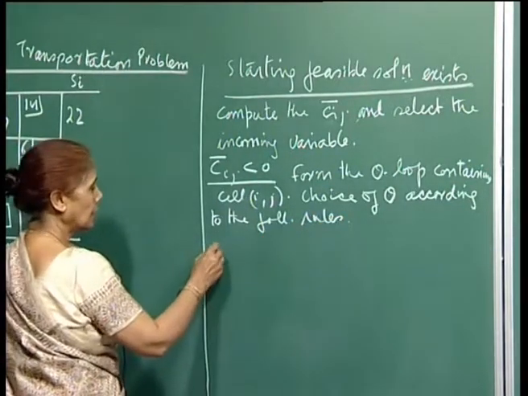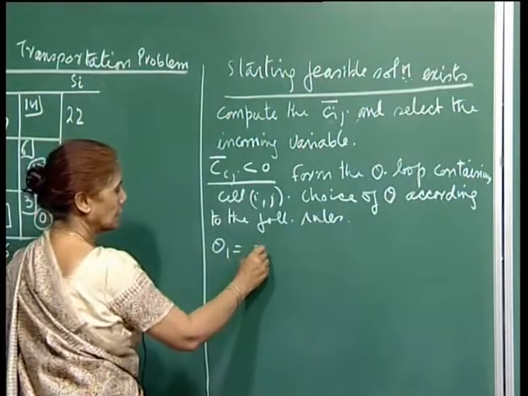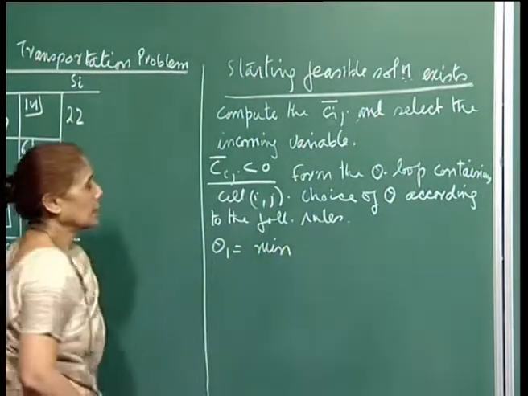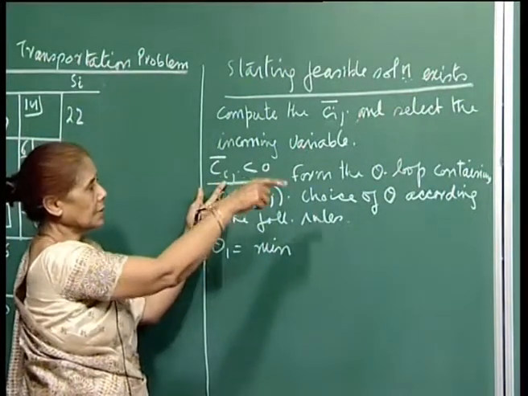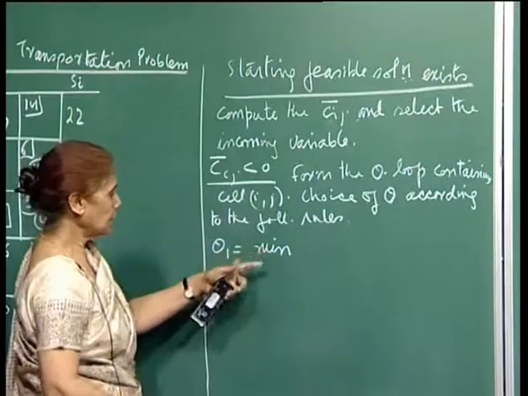So, theta 1 you choose as the minimum of, see in the theta loop, remember we will start with plus theta here, then alternate with minus, plus in the theta loop as we explained.